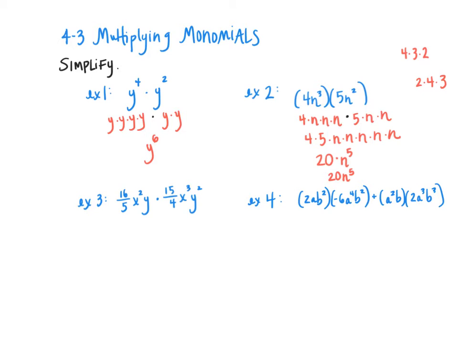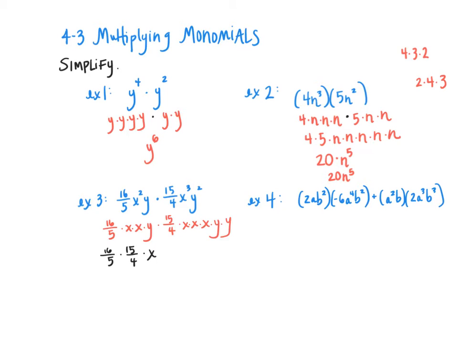Okay, example 3 is really the same. It just gets a little bit more complicated because of the fractions. So if I were to reorder this, you could write out what it means first, if you needed to. And we're going to talk about a pattern in a minute. So we've got 16/5 times 15/4.